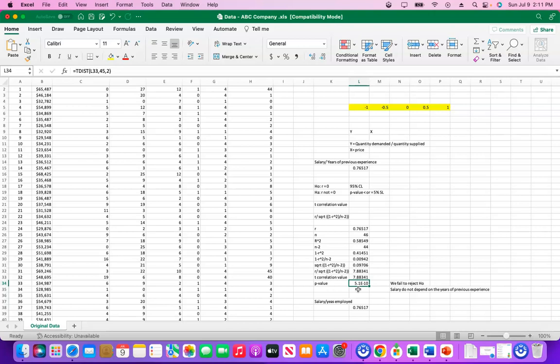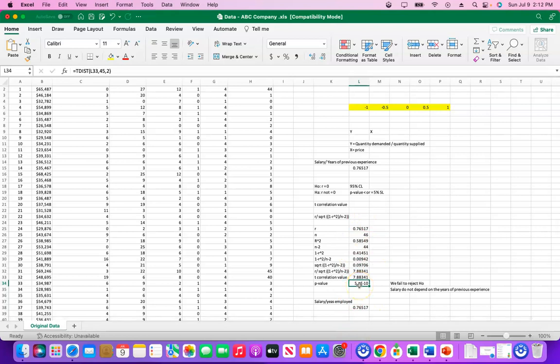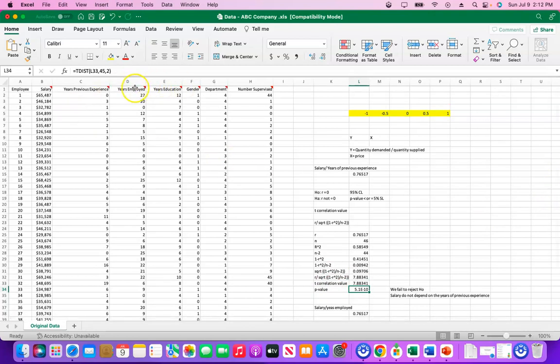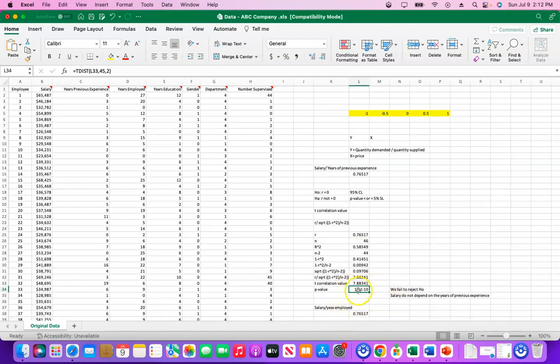In this case, the probability value for salary and years employed is way less than the significance level.